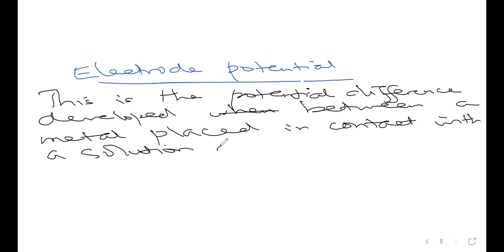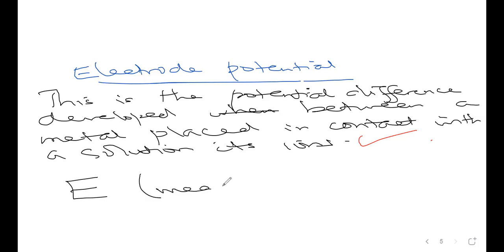Simply that. The potential difference developed between a metal placed in contact with a solution of its ions. That's what we call electrode potential. Electrode potential usually has the symbol E, and its units, usually it is measured in volts, which we call capital V.